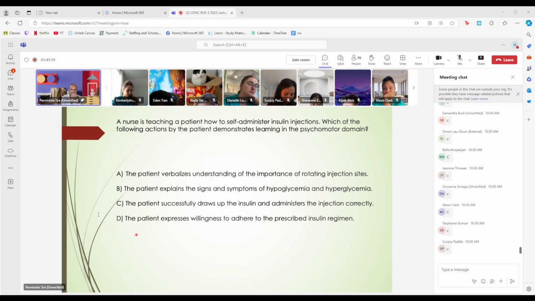All right, C, the patient successfully draws up the insulin and administers the injection correctly, because it requires learning skills, both mental and physical activity. So the patient learned, applied, and performed it.